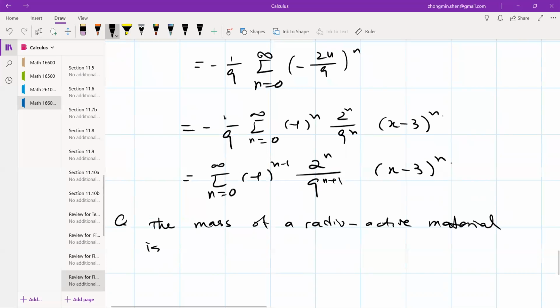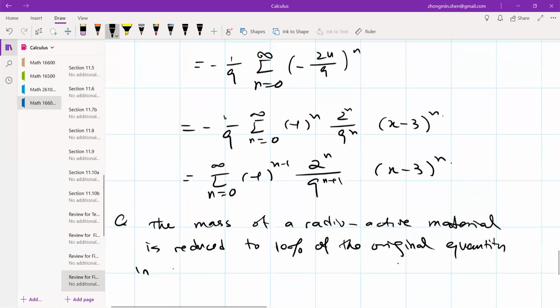It is reduced to 10% of the original quantity. Let's assume that in 100 years. All right, what is the half-life?